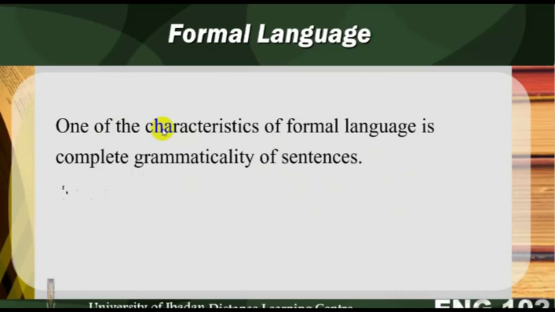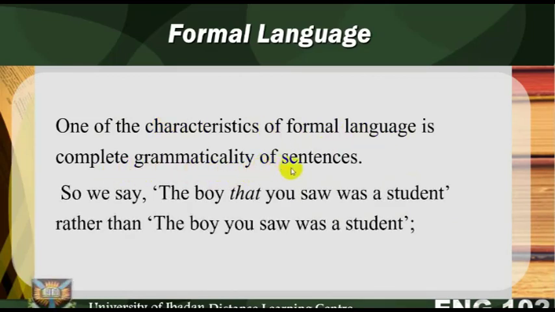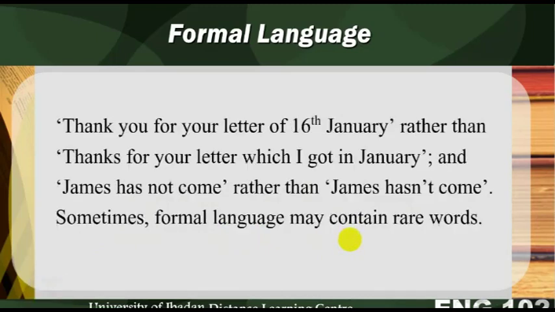One of the characteristics of formal language is complete grammaticality of sentences. So, we say, the boy that you saw was a student, rather than the boy you saw was a student. Thank you for your letter of 16th January, rather than thanks for your letter which I got in January.